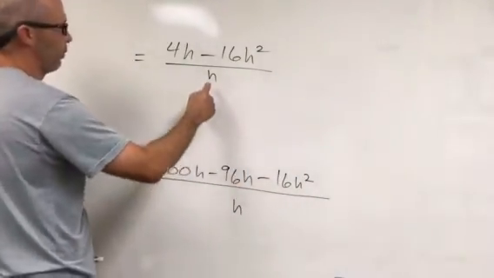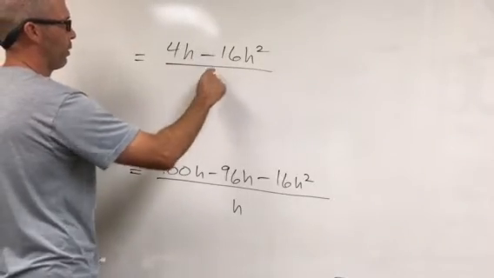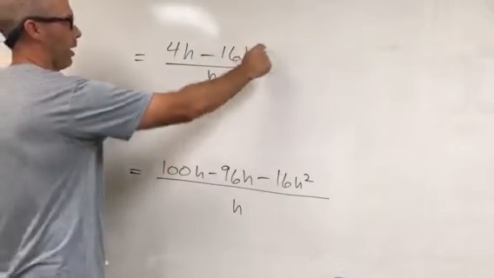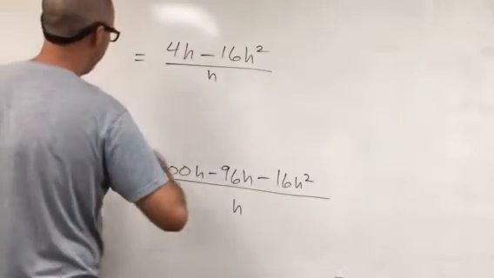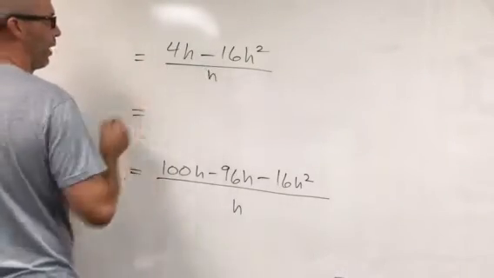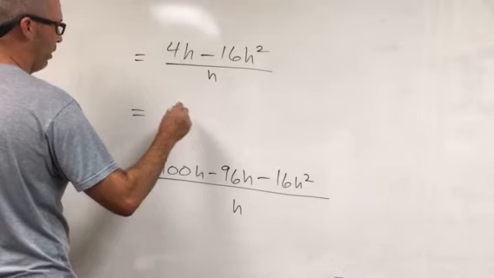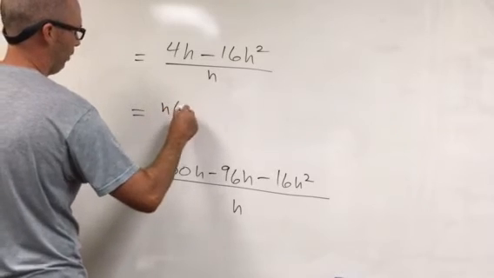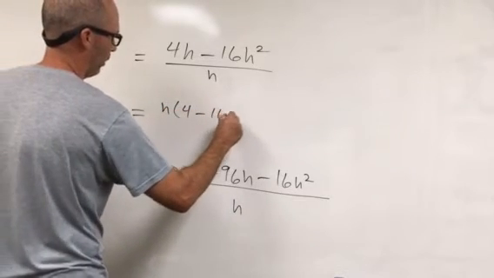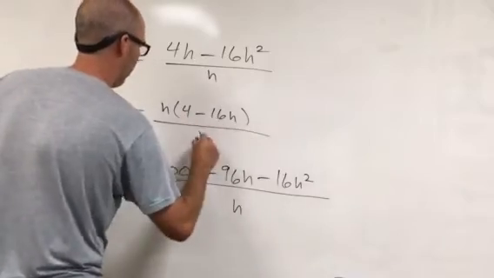Now again, we have to cancel with each of them, so h cancels there and cancels there. To see that, we could factor out an h. We've got 4 minus 16h all over h.